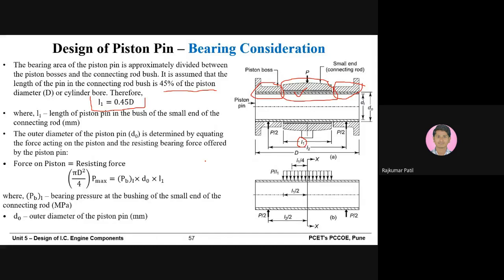Then the outer diameter of the piston pin, D naught, you can see here, is determined by equating the force acting on the piston and the resisting force offered by the piston pin. So the resisting force is generally offered here.